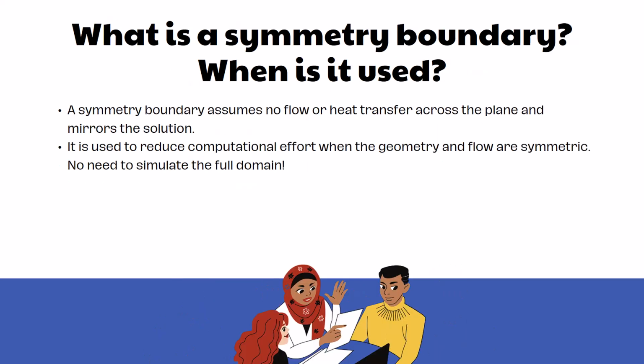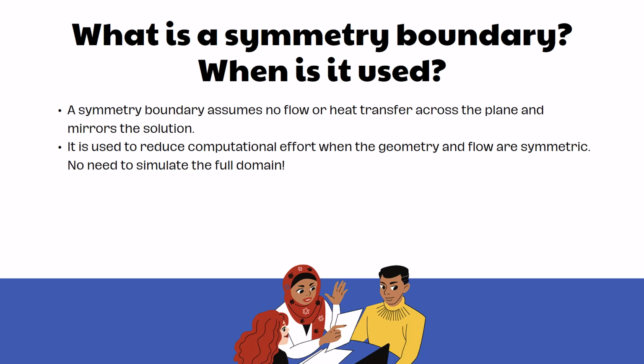Next question is, what is symmetry boundary and when is it used? So symmetry is the boundary condition which assumes that there is no flow or heat transfer across the plane and it mirrors the solution. So what it means is, when you have a symmetric geometry and you want to simulate flow over that geometry, then instead of using the whole object or whole body, you will be dividing it in half.